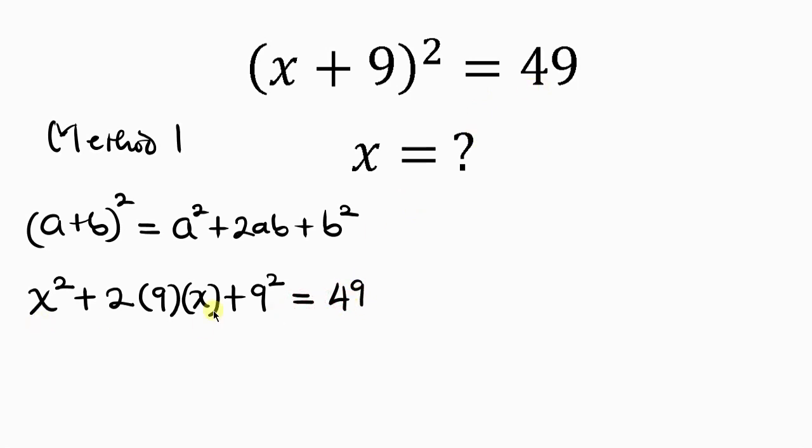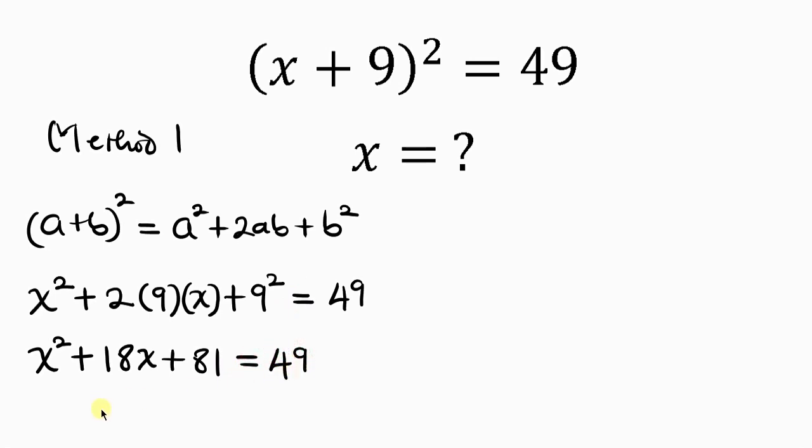Now simplifying what we have on the left-hand side, we have x² plus 2 times 9 times x is 18x, plus 9² is 81, and this is equal to 49.